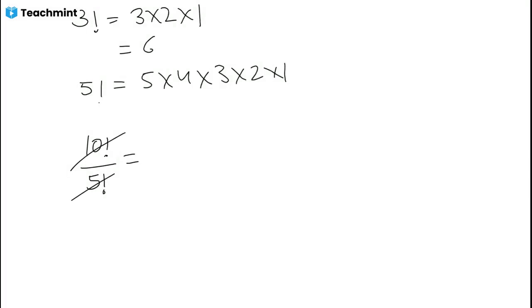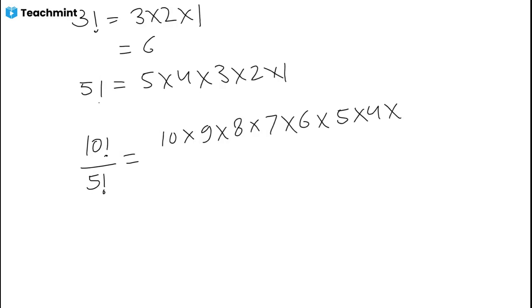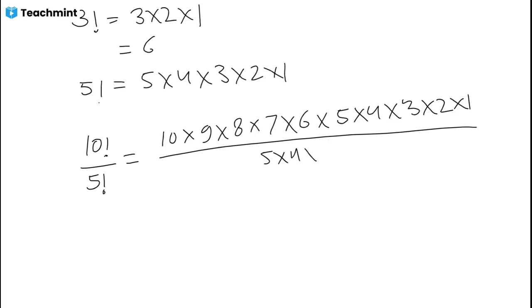Factorial 10 is 10 into 9 into 8, 7, 6, 5 into 4 into 3 into 2 into 1, and factorial 5 is 5 into 4 into 3 into 2 into 1. You can see that factorial 10 contains factorial 5 itself.